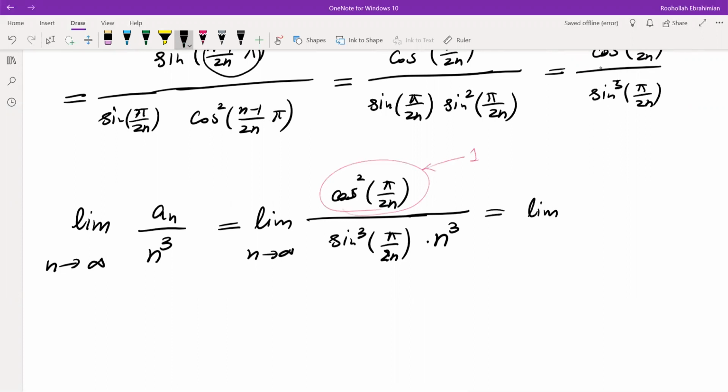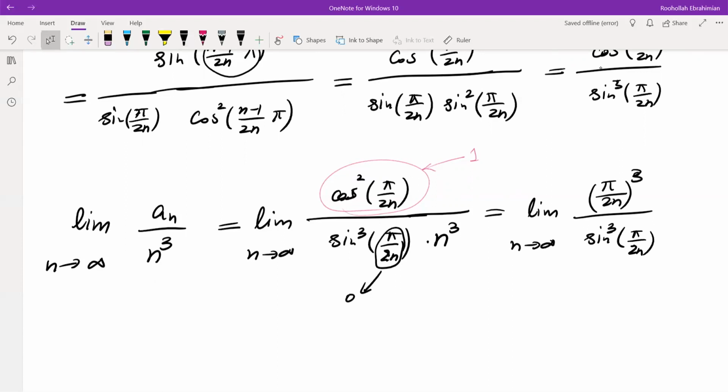And this angle goes to 0 also, which means we'll have (pi over 2n) cubed over sine cubed of pi over 2n. This would approach 1, and then to cancel that, you have to multiply it by 8 over pi cubed. So the final answer becomes 8 over pi cubed.